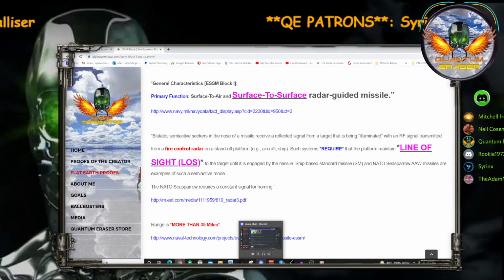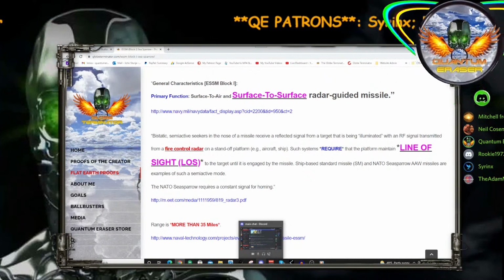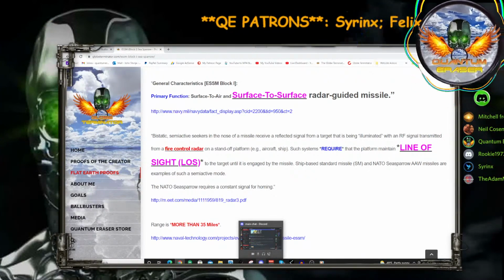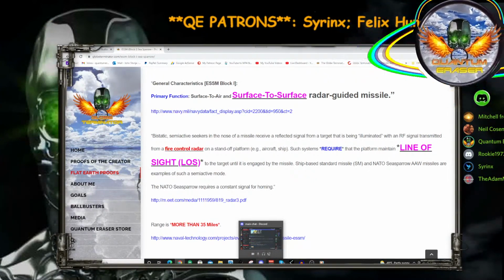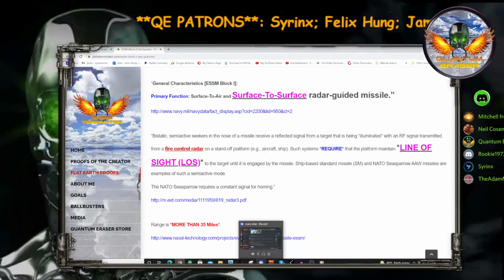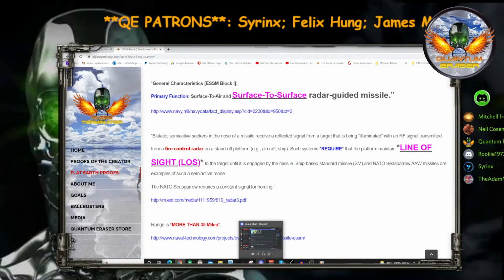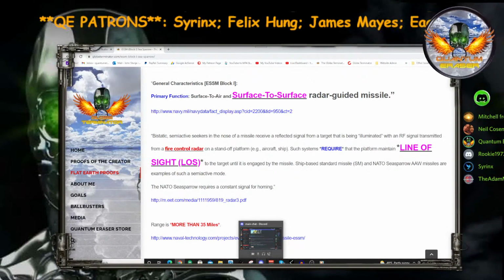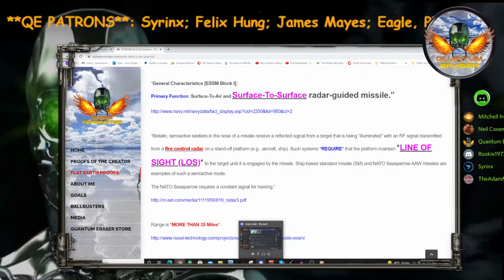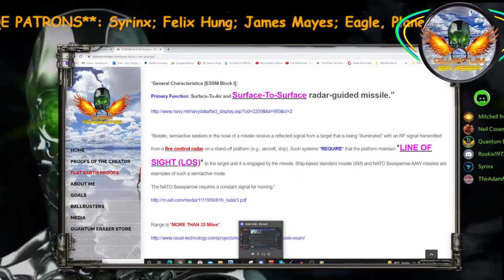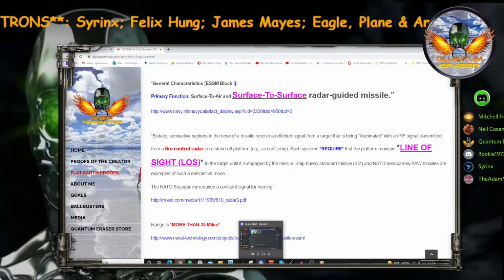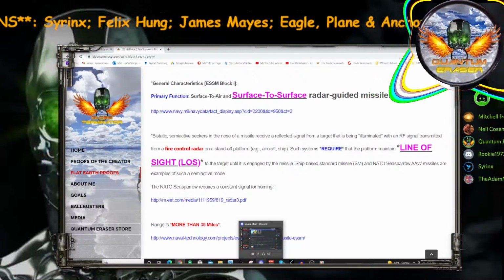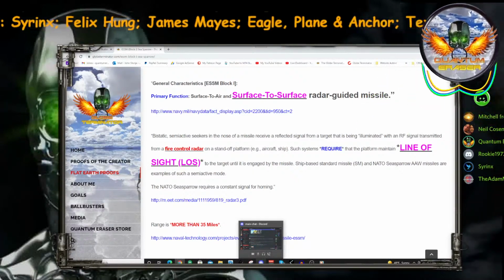So its main defense, or the main target for it, are sea skimmers. Guess how high off the surface sea skimmers fly? As low as 6 feet off the surface. 6 feet to 100 feet. Essentially, we can treat those as surface targets, even though they're not touching the surface.